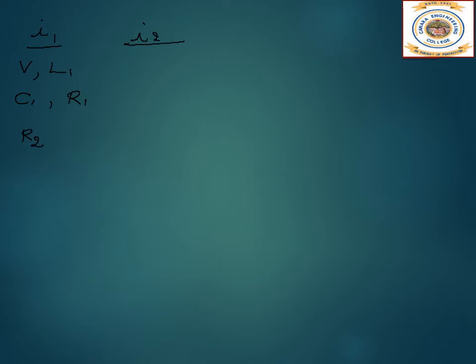Coming to loop 2, we have L2, then R1, then C2 and R2 common. See, here we have R1, but you check the equation, it is R1 I1 and in the other equation it is R1 I2. So in both the loops we have R1. It is not common between two loops. This you should be careful. So R2 and this R2 is common.